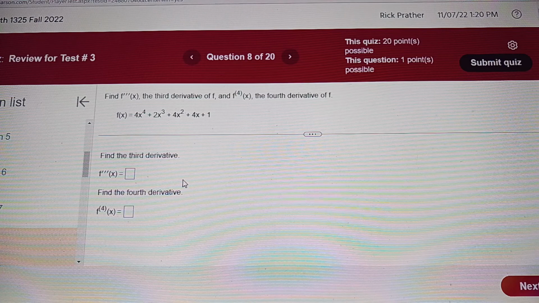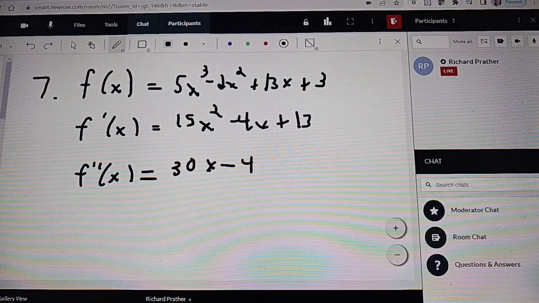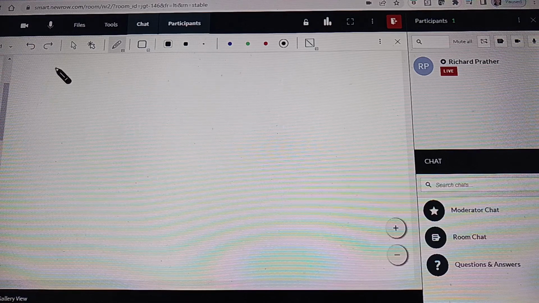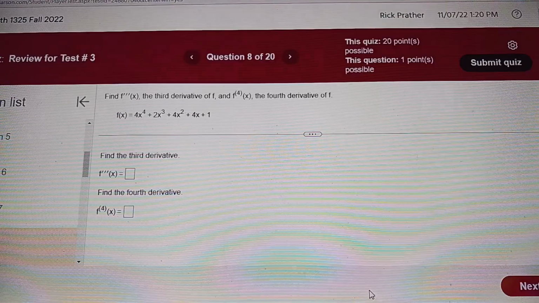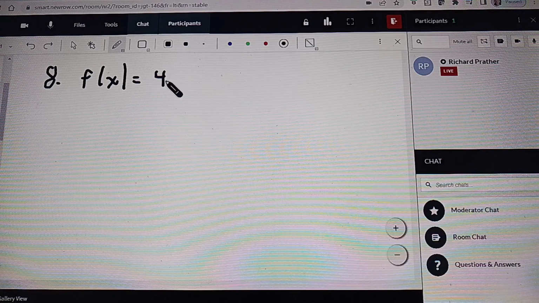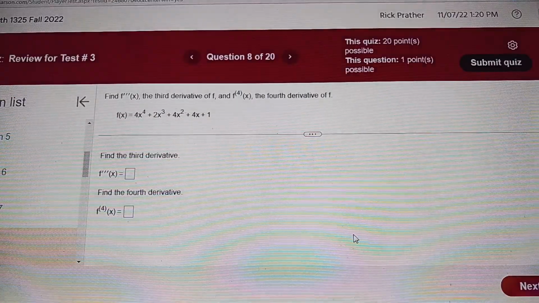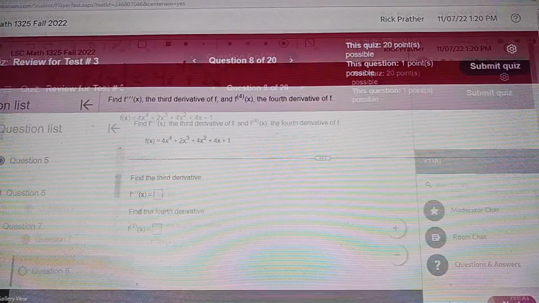Okay, so now we just want to do higher derivatives, the third and fourth derivative. We'll have to do the first 2 derivatives to even get that far. The original function is 4x to the fourth plus 2x to the third plus 4x squared plus 4x plus 1.